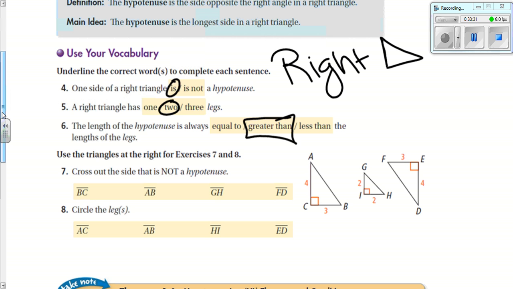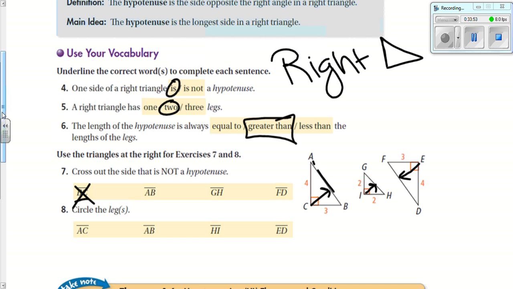Okay, so let's talk about hypotenuse leg. Cross out the sides in examples 7 and 8 that are not hypotenuses. BC is not a hypotenuse. It's tiny. It's down here. Hypotenuse is always across from the right angle. Draw that.